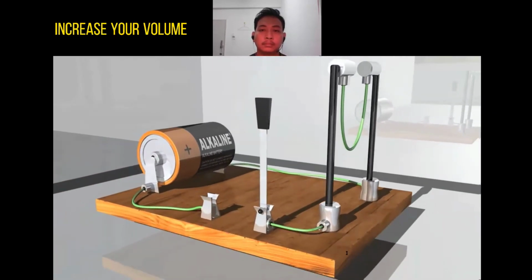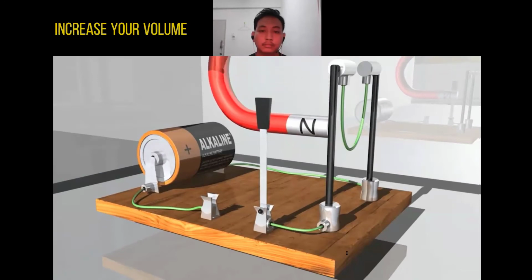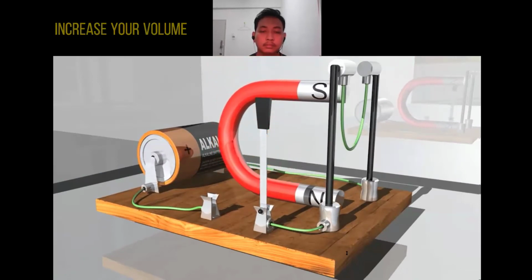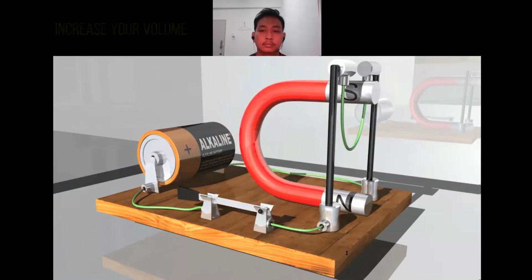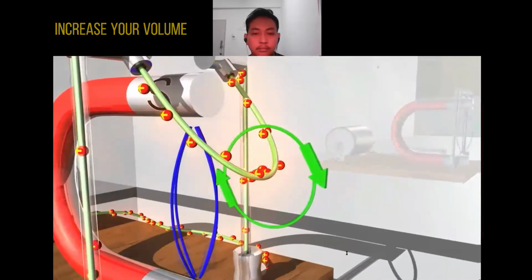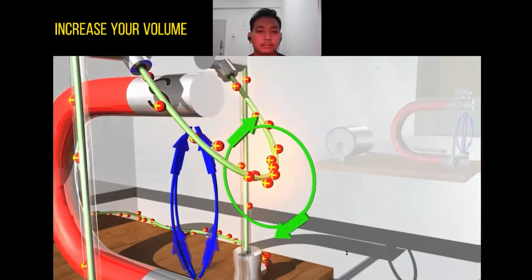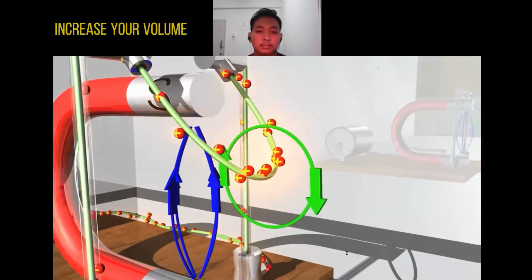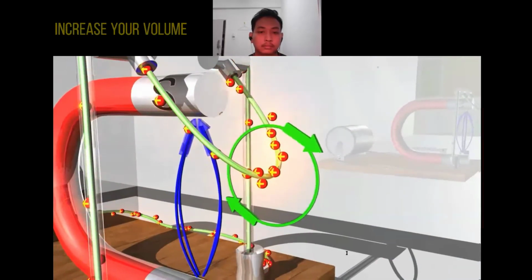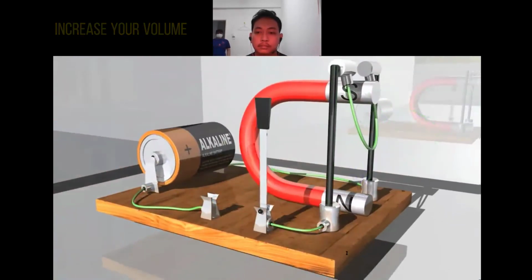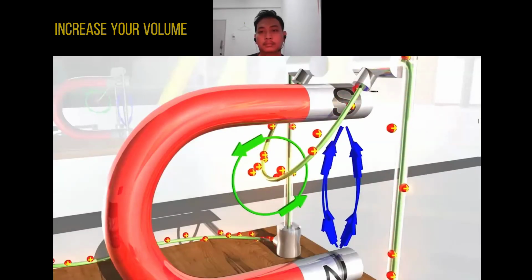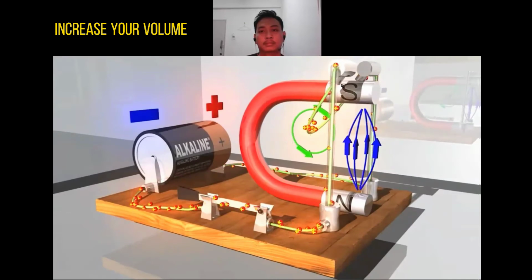Let's insert the horseshoe magnet into this setup and see what happens when electricity runs through the wire and creates a magnetic field around it. The pendulum swings in a different direction, perpendicular to the horseshoe magnet's field and to the movement of the current, causing, in turn, the pendulum to swing in the opposite direction.